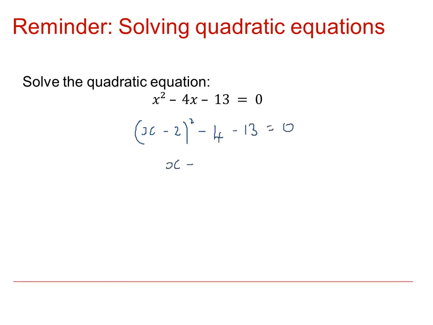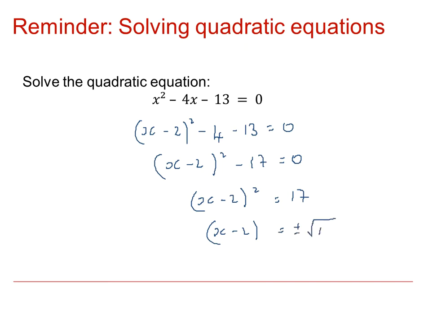So therefore x minus 2 all squared minus 17 is equal to 0, and so x minus 2 all squared is equal to 17, and taking the square root, x minus 2 is equal to plus or minus the square root of 17, and then we can add 2 to give us our two solutions. x is equal to 2 plus or minus the square root of 17.